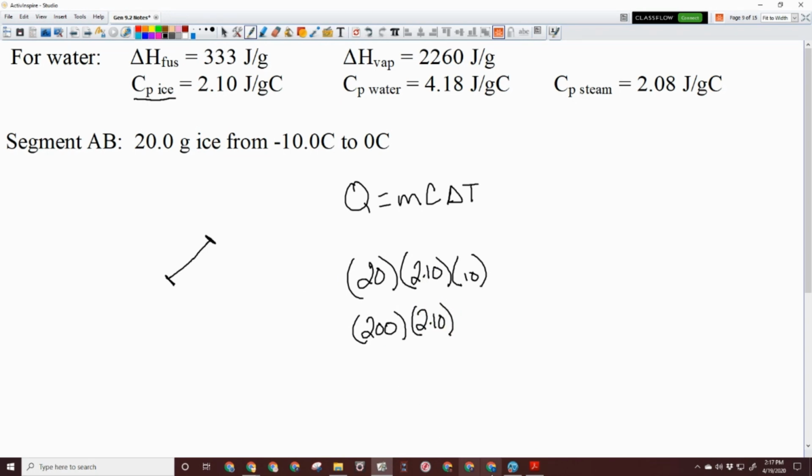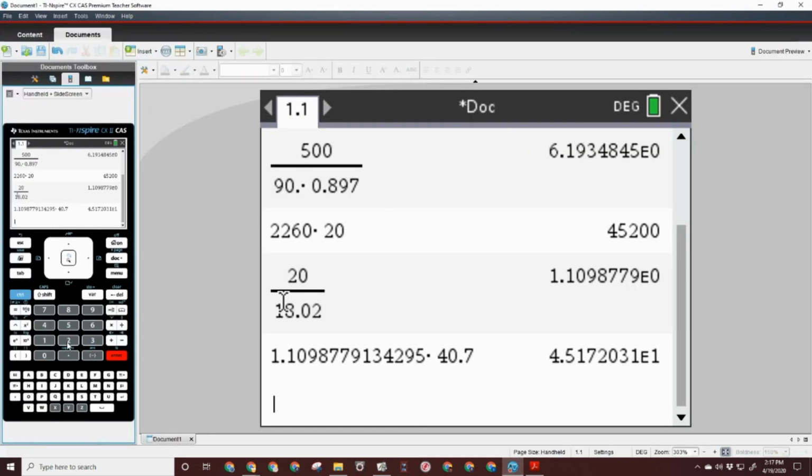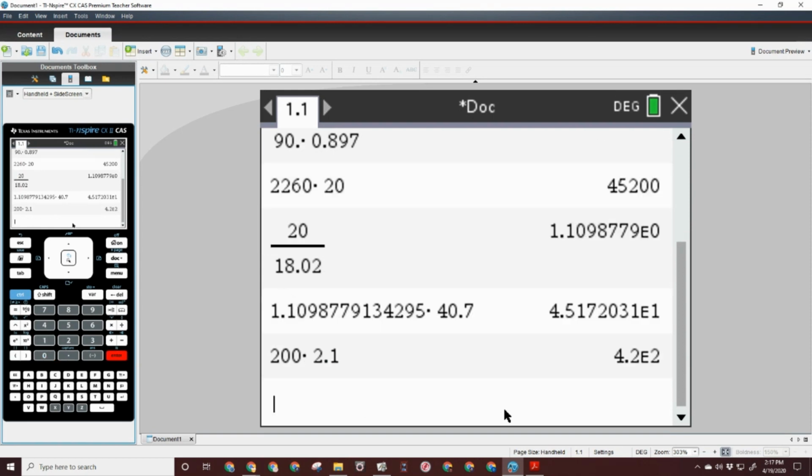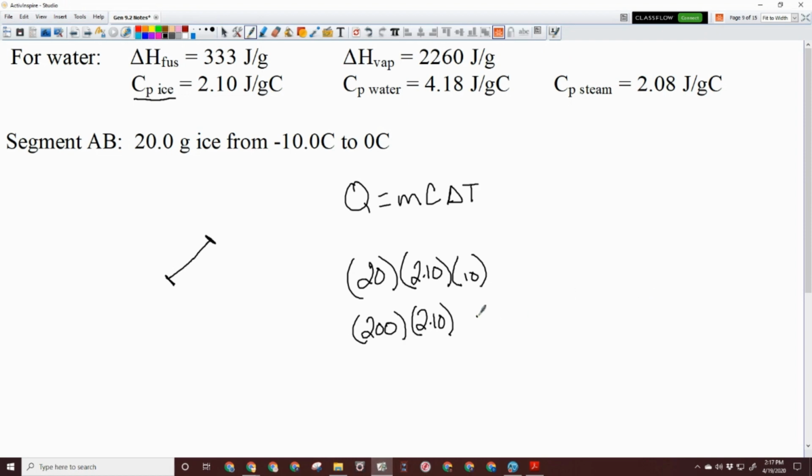So 200 times 2.10 is going to give us 4,200, or 4.2 times 10 to the 2, or let's move this decimal over 2 places. So that's 4,200. Let me make sure, 4.2 times 10 to the 2.